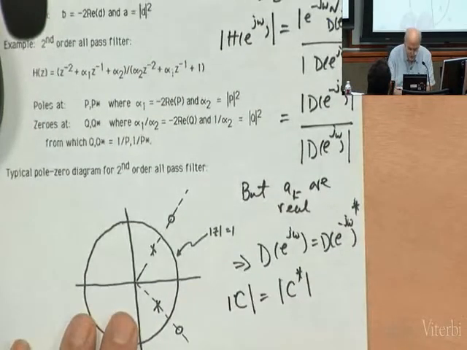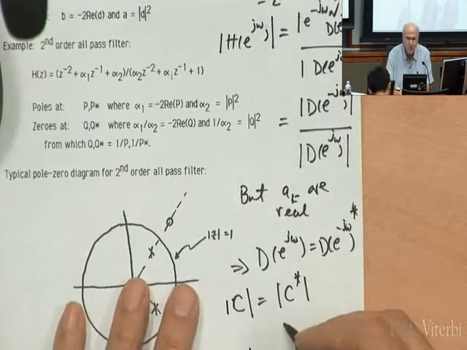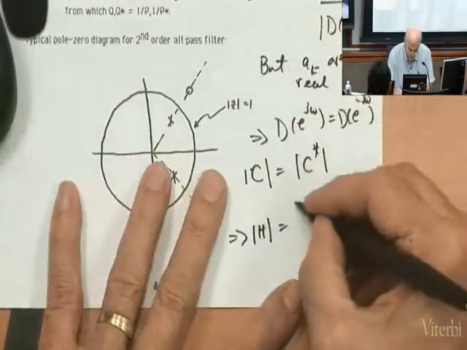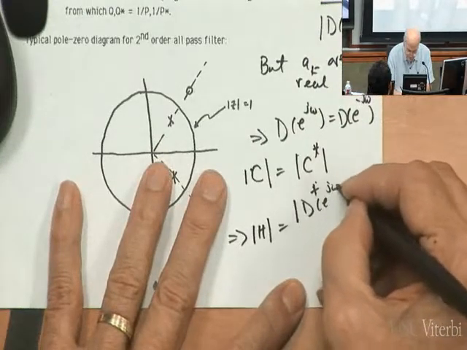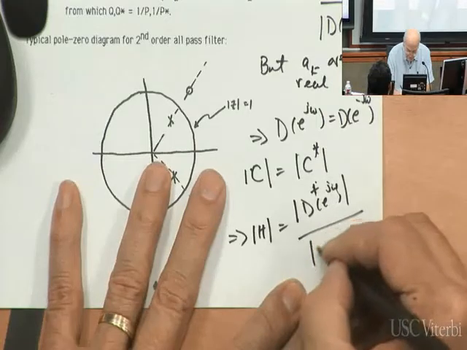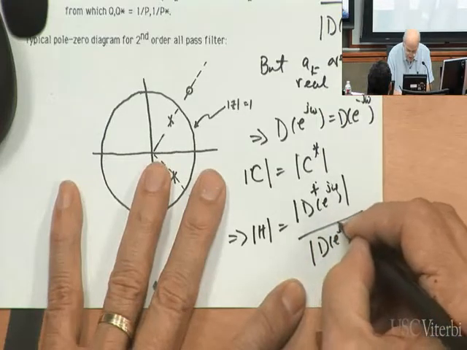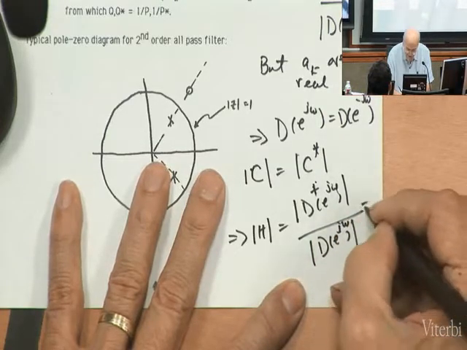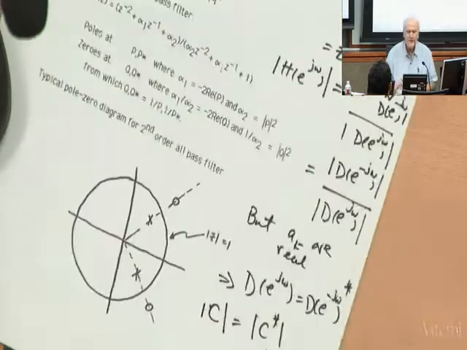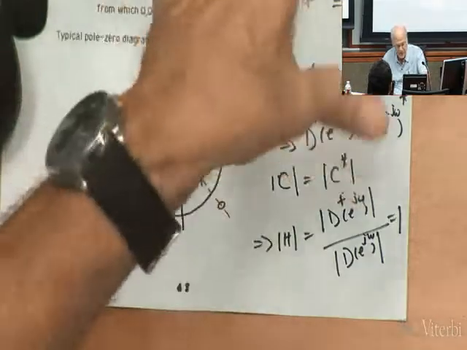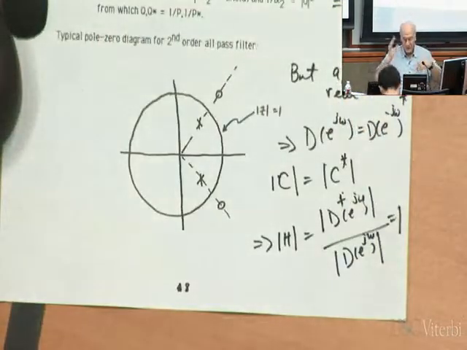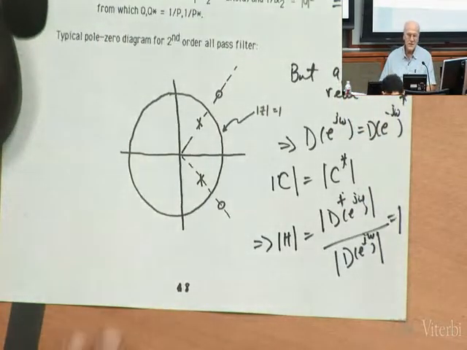So what that implies is that the magnitude of H is equal to the magnitude of D complex conjugate at e^{jω} divided by the magnitude of D(e^{jω}), which is equal to 1. Again, I just repeated everything I wrote up there, but I tried to go through it to give you more of the steps.